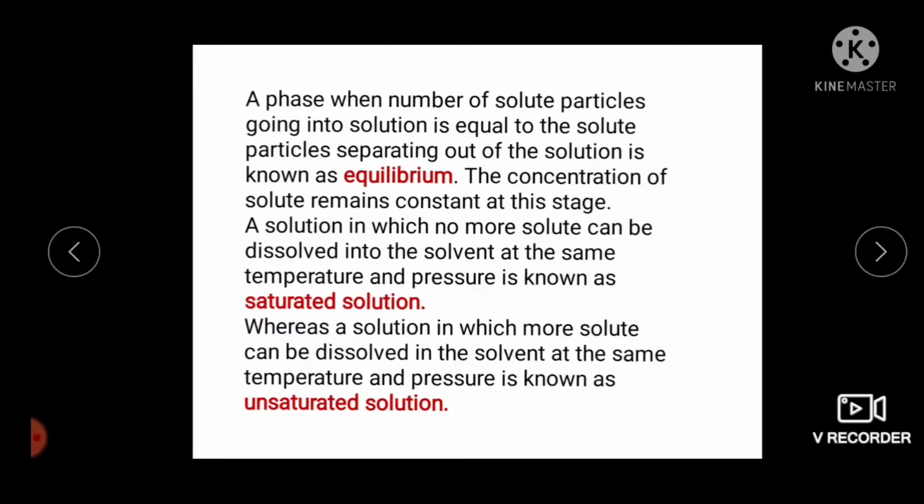The concentration of the solute in the solution will remain constant under the given condition of temperature and pressure. Such a solution in which no more solute can be dissolved into the solvent at the same temperature and pressure is known as a saturated solution.